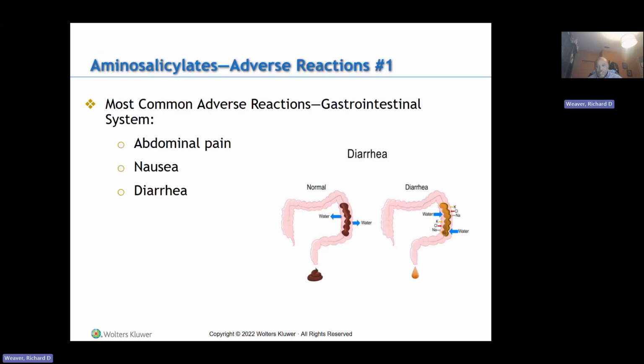Now, because these drugs are topical anti-inflammatory drugs, the most common adverse reactions happen in the GI system, and it's not widespread because it's topical. It's local to the GI system, and so you have abdominal pain, nausea, and diarrhea. Some of the other general adverse reactions include headaches, dizziness, fever, as well as weakness.